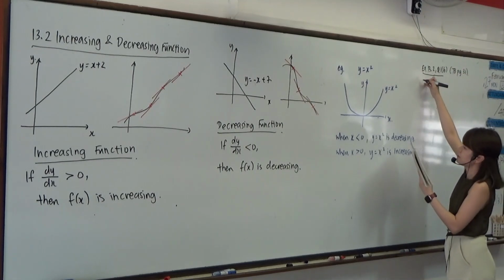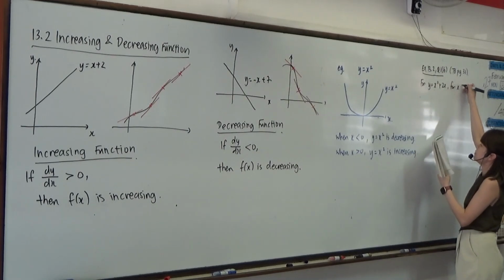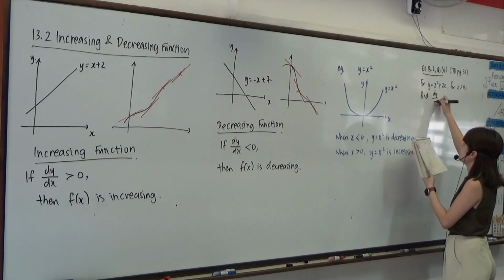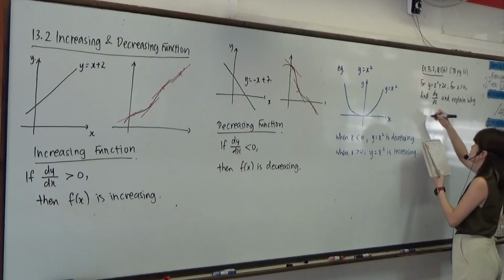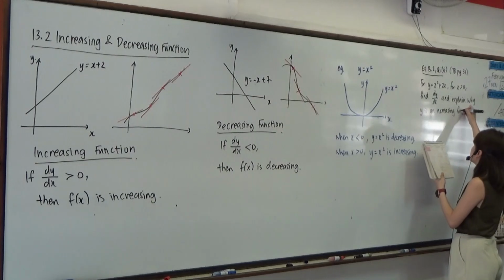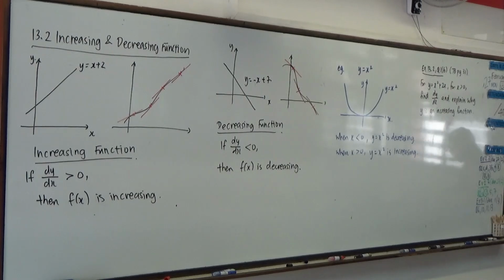Okay, let's start off with something very simple first. Looking at exercise 13.2, question 1b, we are given that for y equals x squared plus 2x, we want to find an expression for dy over dx.